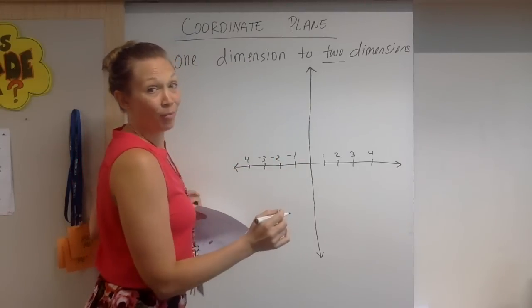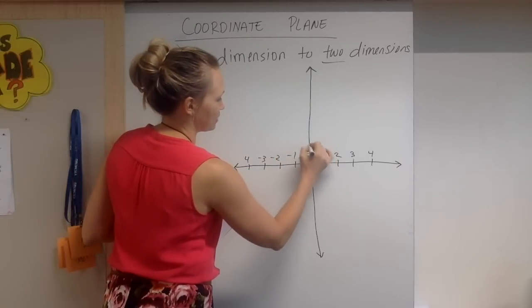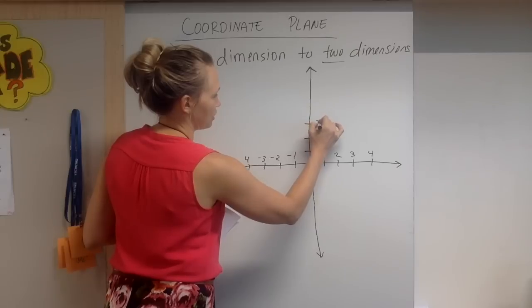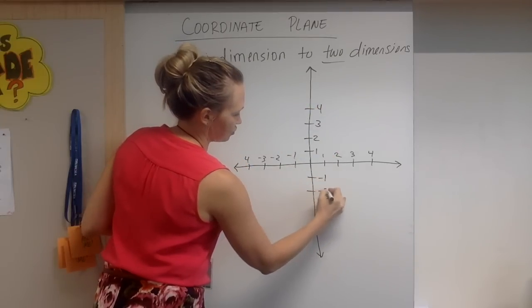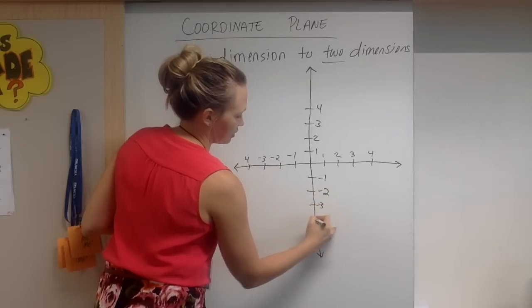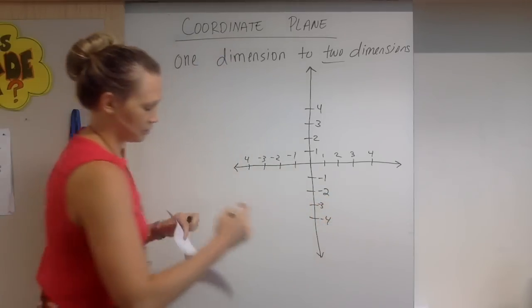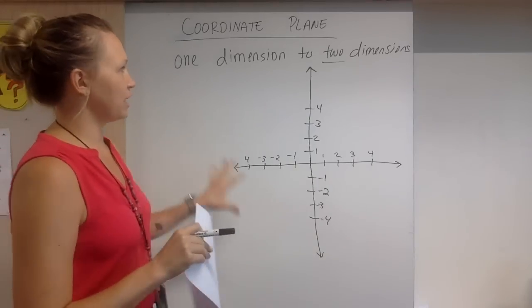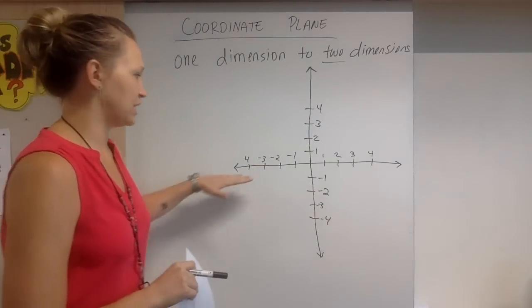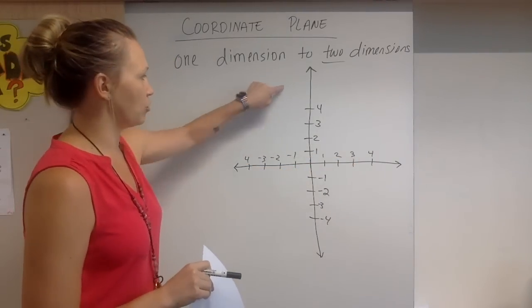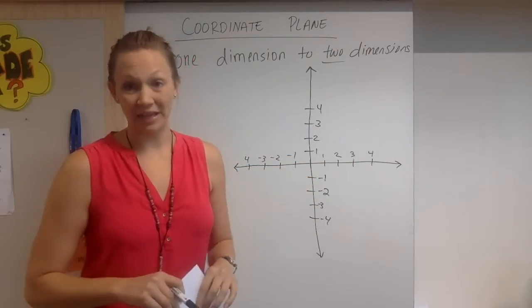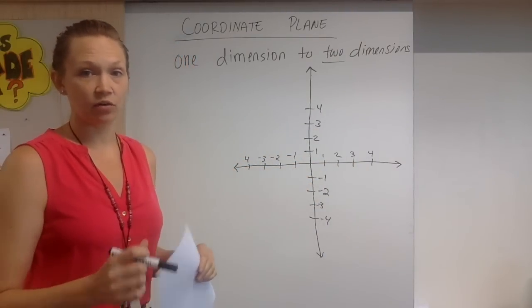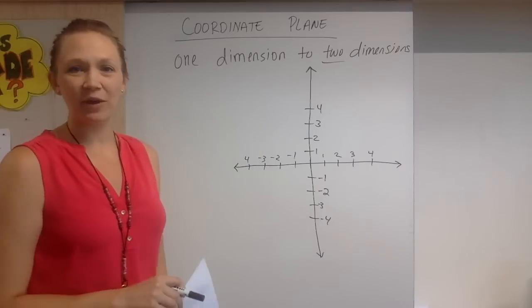So I'm going to say up is positive, which is the way mathematicians have decided. 2, 3, 4, and -1, -2, -3, and -4. Okay? So we've now created something that's in two-dimensional space. So instead of staying on a line, I can now come out in these open spaces to place points, to place locations, really. Okay, so we need a way to name these.